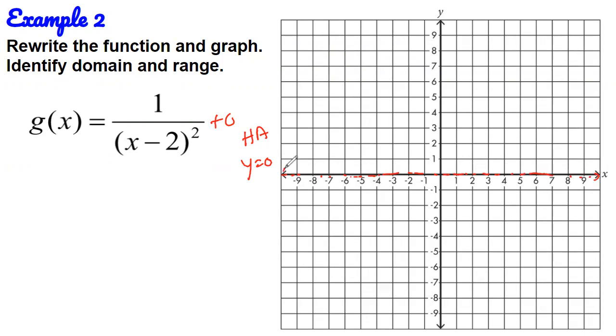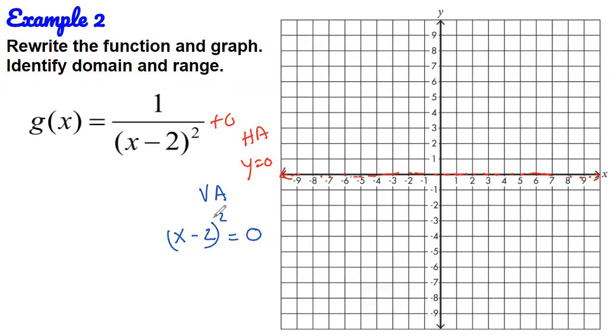Okay. Now this time, our vertical asymptote is still determined from the denominator of our given function here. So we have x minus 2 squared, and we're going to make it equal to 0.